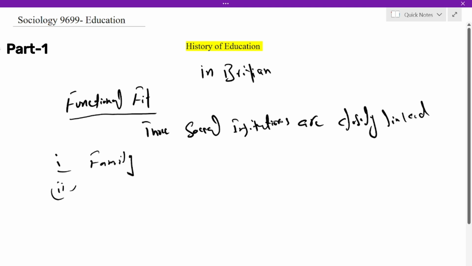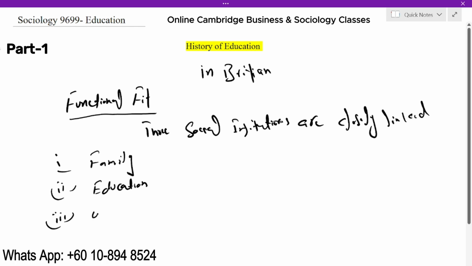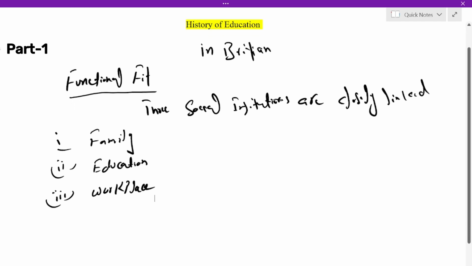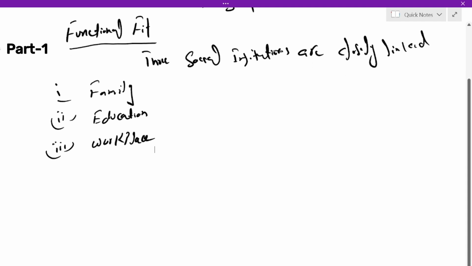Number two, education. And number three, workplace. I'm just recalling it. In the functionalist perspective, we discussed that education plays a bridge role between the workplace and the family. So what does it mean? Let me explain how these social institutions are interlinked or closely related with each other.